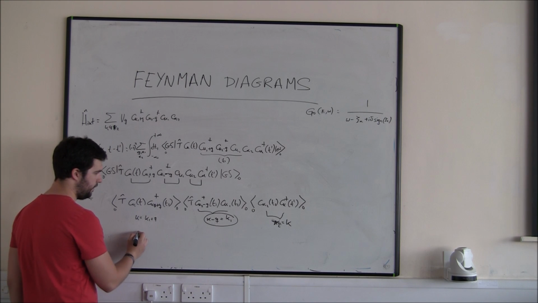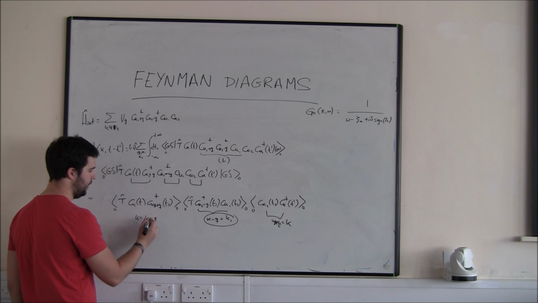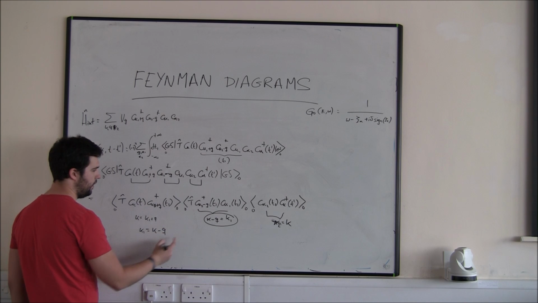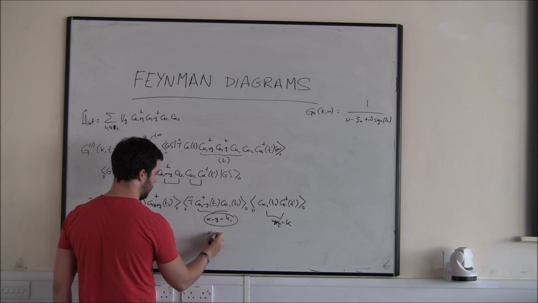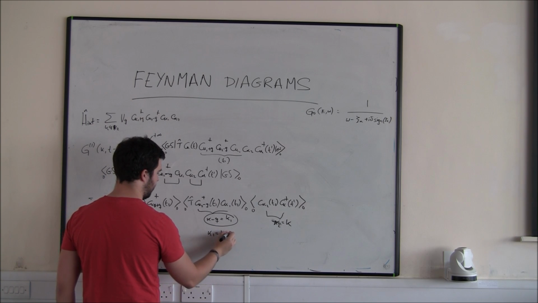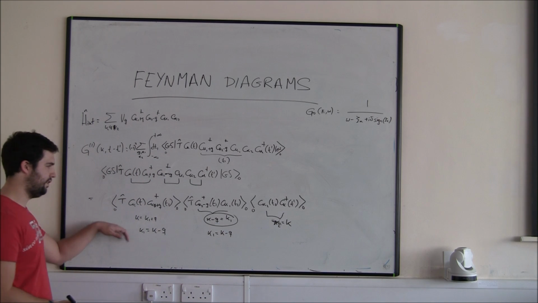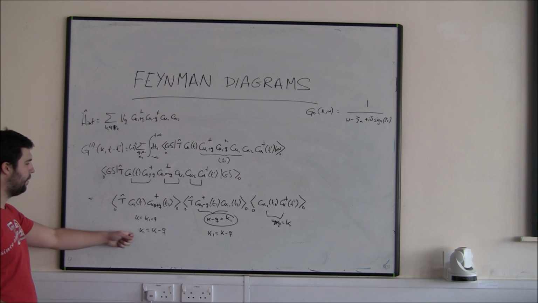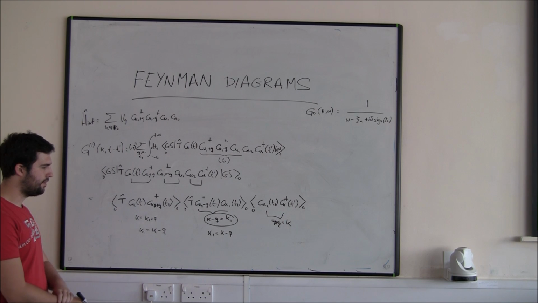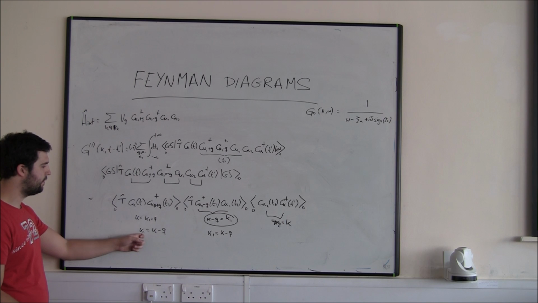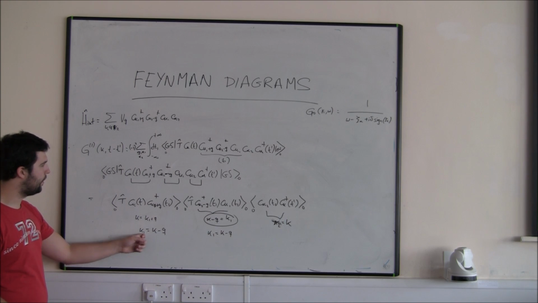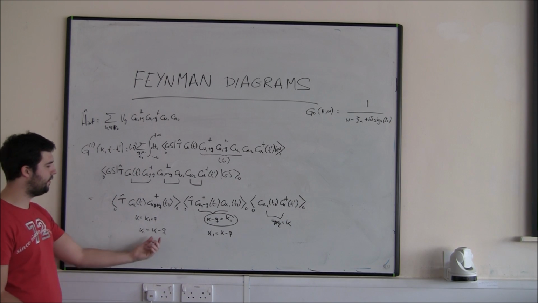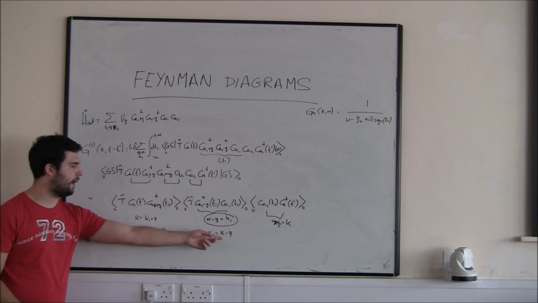Or in other words, K1 has to be K minus Q here, and here K1 has to be K minus Q. So we see that this is exactly the same condition for the momentum K1, which means that we get rid of one of these K momentums, because K1 can be substituted by K and Q appears here.